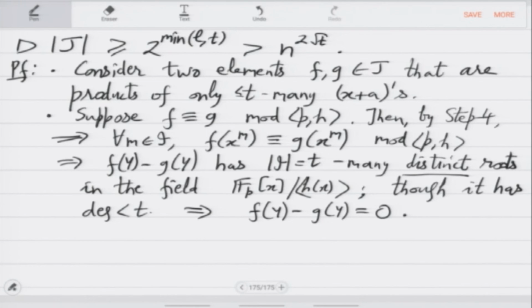So, if you multiply x plus a's in two different ways, t many x plus a's in two different ways, you get different products, which gives you a lower bound on the size of J.